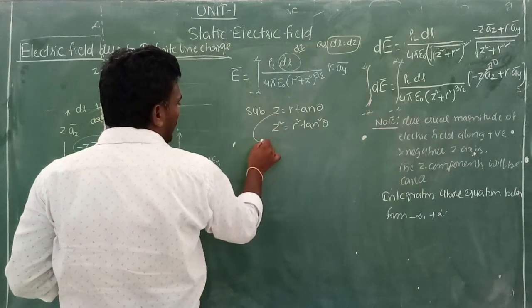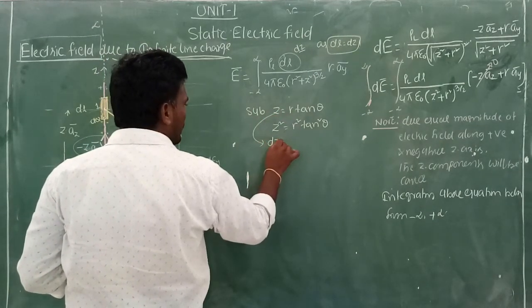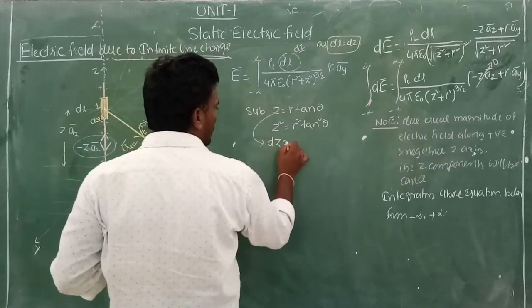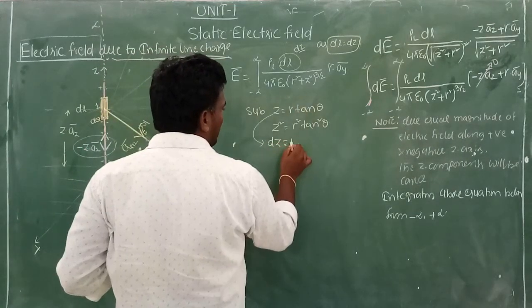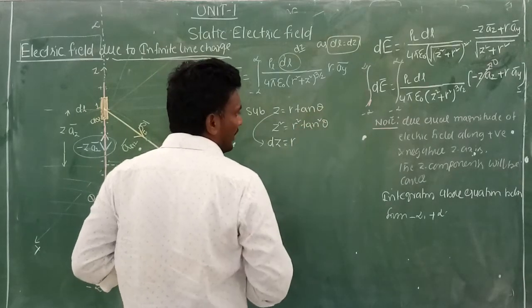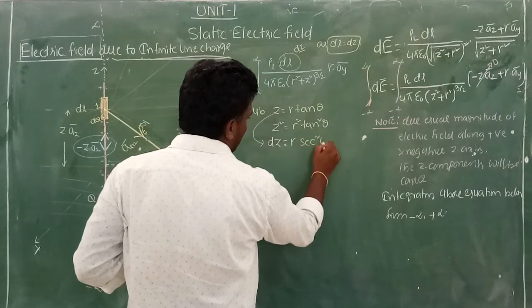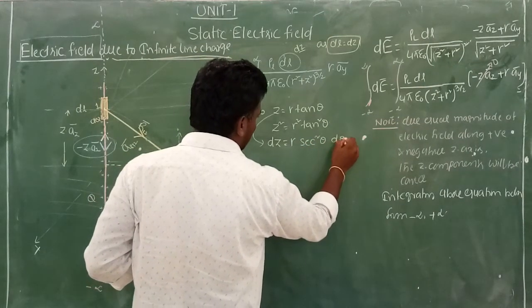So what will we do here? We have to do the differentiation. To do the differentiation, dz with respect to theta is equal to r into the differentiation of tan theta, which is secant square theta d theta.